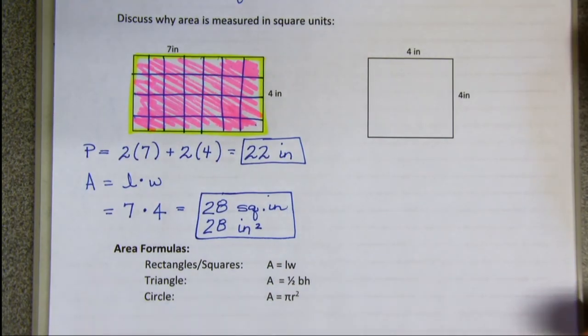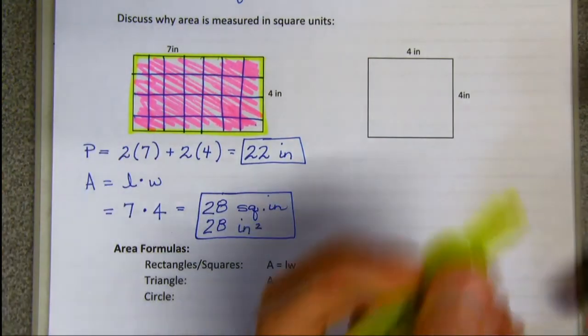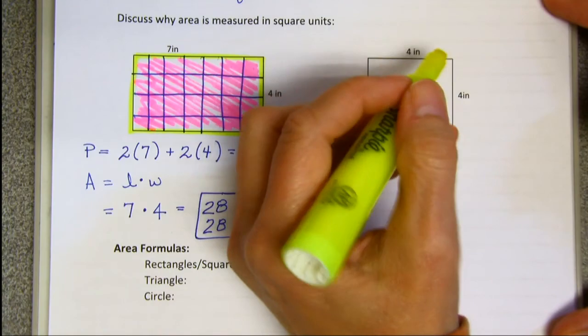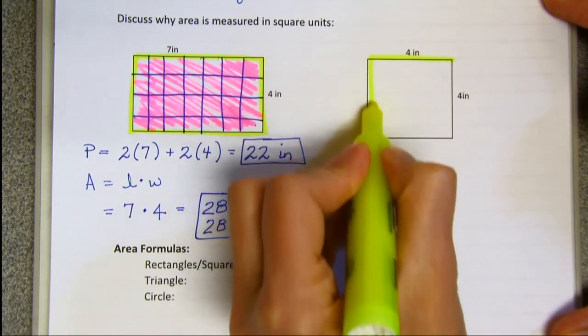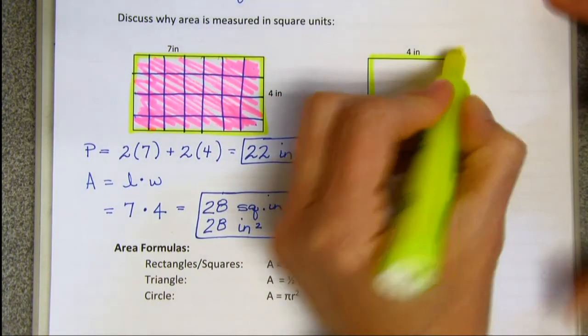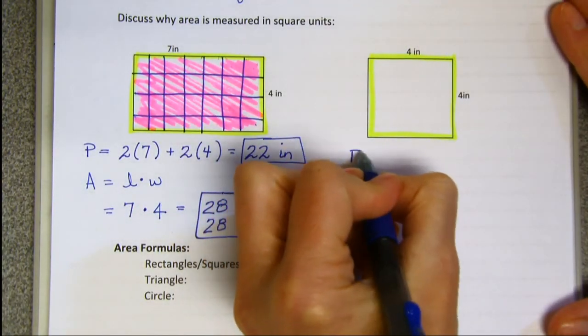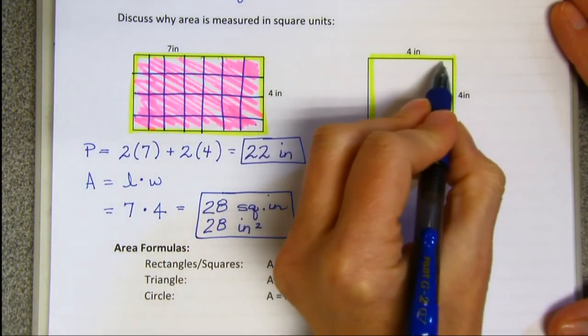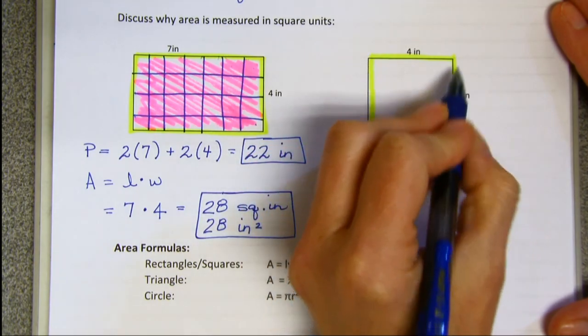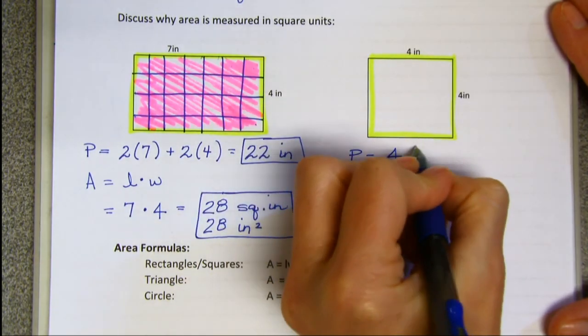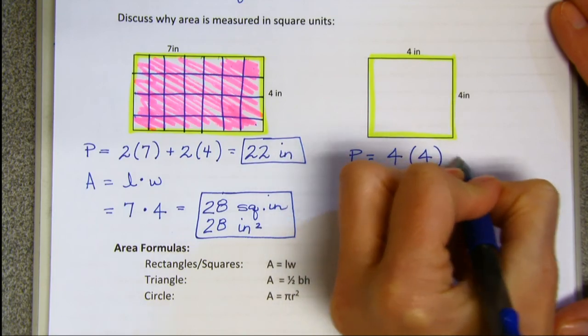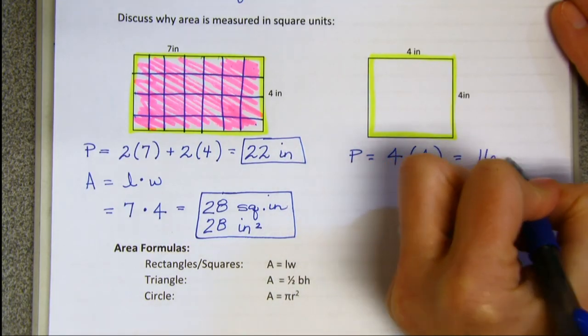All right, so let's look at this square. I'm going to start with perimeter, the distance around. There are 4 sides, so you can do 4 plus 4 plus 4 plus 4, or you can say there are 4 sides that are 4 inches. This is 16 inches.